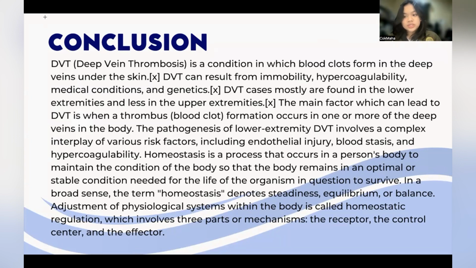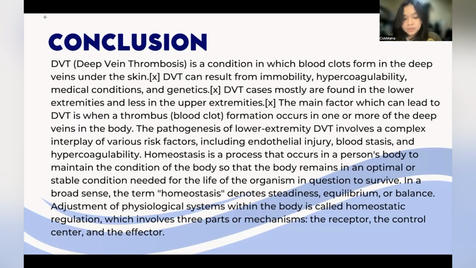The main factor which can lead to DVT is when a thrombus formation occurs in one or more of the deep veins in the body. The pathogenesis of lower extremity DVT involves a complex interplay of various risk factors, including endothelial injury, blood stasis, and hypercoagulability. Homeostasis is a process that occurs in a person's body to maintain the condition of the body so that the body remains in an optimal or stable condition needed for the organism to survive.